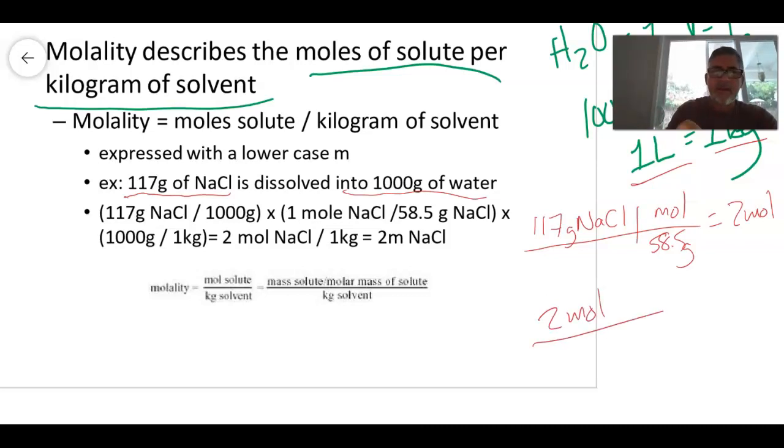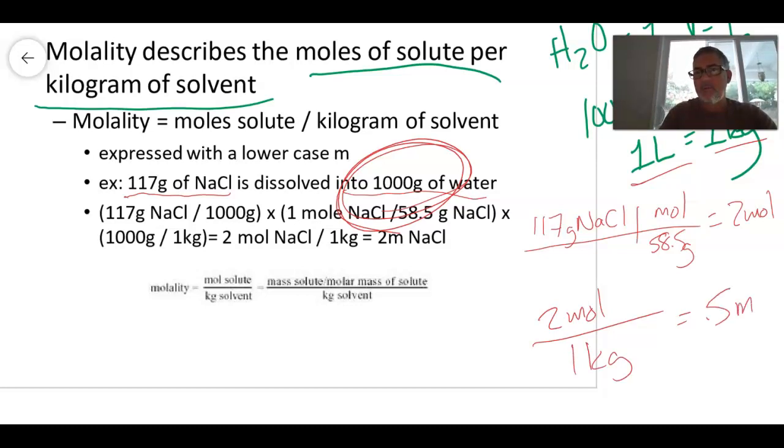And my 1,000 grams of water is 1 kilogram. So again, I get 0.5 moles per kilogram. Now it's a lowercase m. So make sure you make your molality a lowercase m and your molarity an uppercase M.